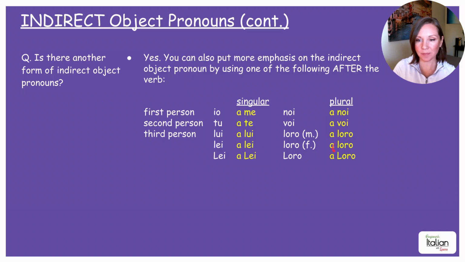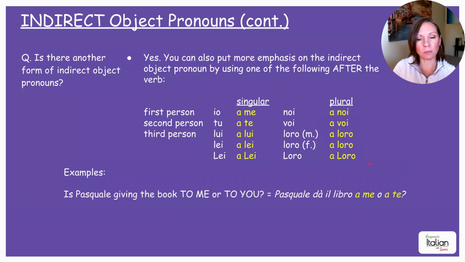Okay. For example, is Pasquale giving the book to me or to you? So the emphasis is on to me or to you, not on the book. So Pasquale dà il libro a me o a te? So you see how there's more emphasis put on the indirect object pronouns here by using a me or a te.